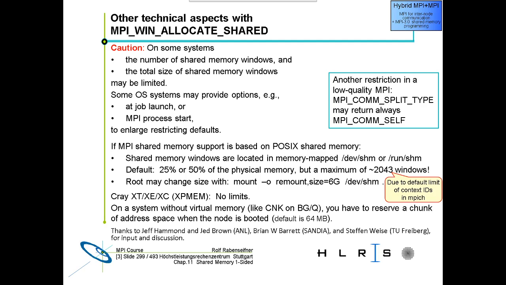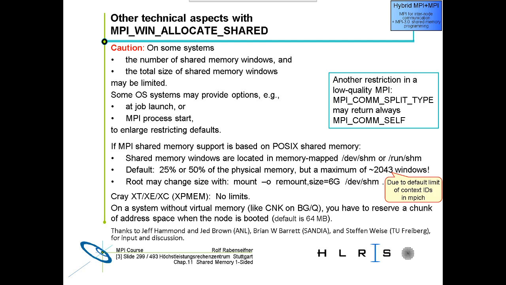On top of this, we need to take into account some issues that may happen from a technical perspective. The use of shared windows is generally possible, and there should be no problem with an MPI implementation, but the system itself may impose some limitations at OS level about the number of shared memory windows and also the total size of the memory windows.